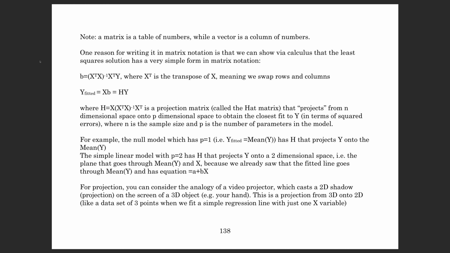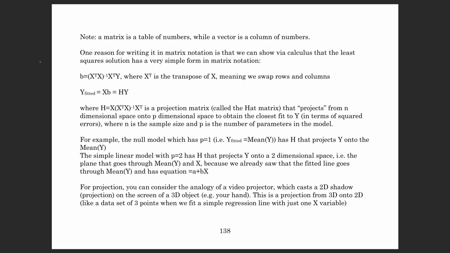So what's X transpose? To transpose a matrix means we swap rows and columns. So X transpose X means we swap the rows and columns of X, and multiply it by X. Inverse basically means the inverse of a matrix is the matrix that, when we multiply it by the original, we get what we call the identity matrix, which is ones down the diagonal and zeros everywhere else.